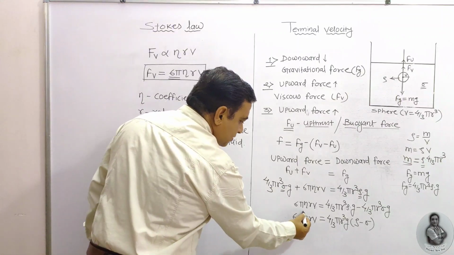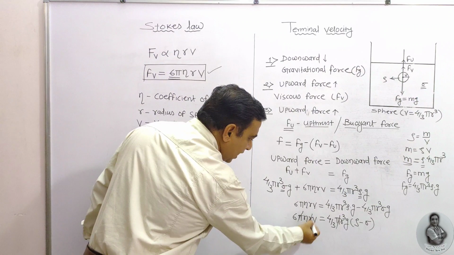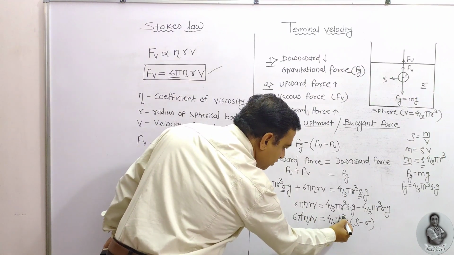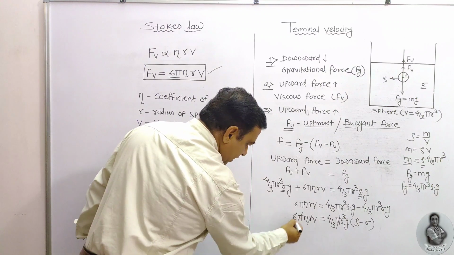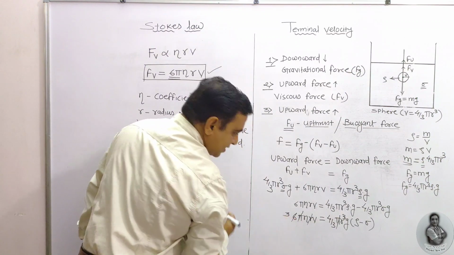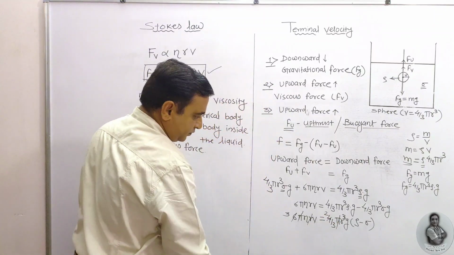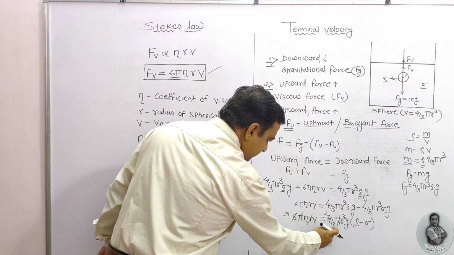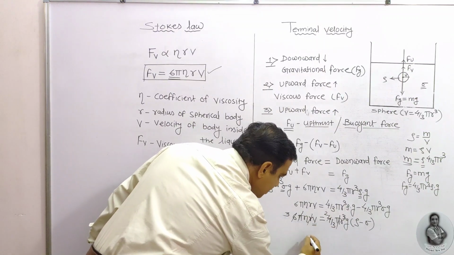If similar terms get cancelled, one of the r cancels with the r cube, and only r square remains. Okay, and here, 2 3s are 6, 2 2s are 4. If 3 is taken, 3 3s are 9, and we only need to calculate the terminal velocity.